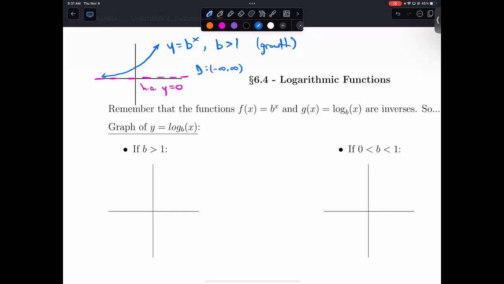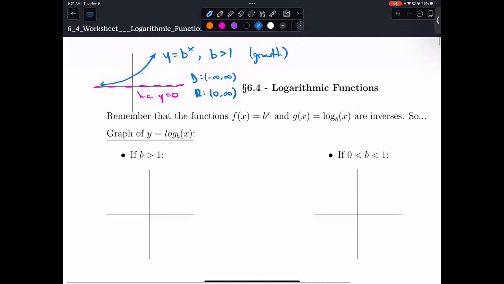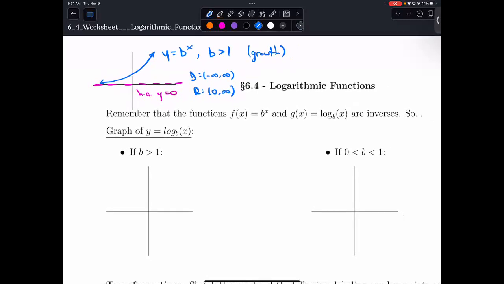Defined everywhere, and the range is the upper half. And if the base is between 0 and 1, you flip it this way and the thing decays over time instead of growing. So if it faces the other way, domain, range, asymptote, all that stuff's exactly the same though.